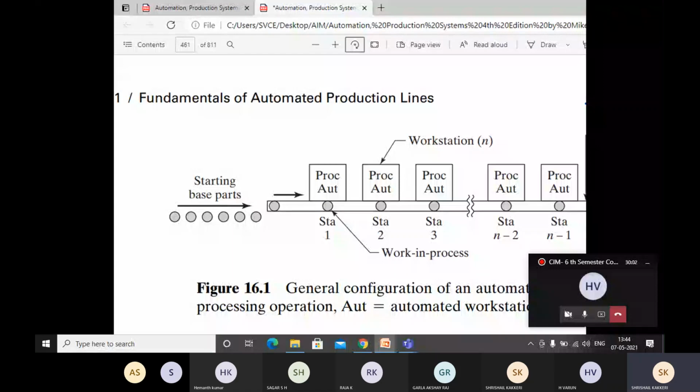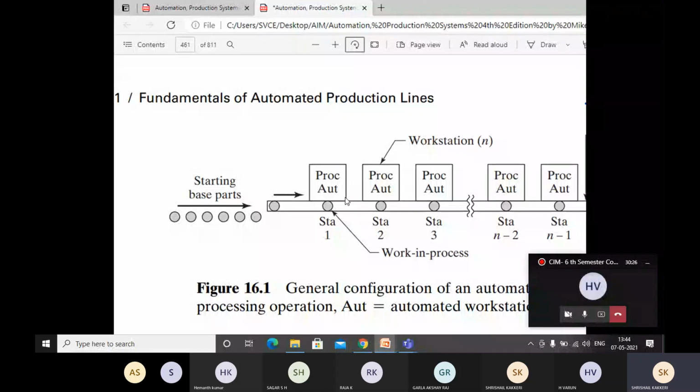Blocking of station means the particular station will be blocked. See, station 1 is facing the blocking of station because the next machine has come for maintenance and this machine is producing, but what happens on the conveyor, the whole part is filled. It cannot move forward, because unless this particular station is maintained or repaired, the part will not go next.